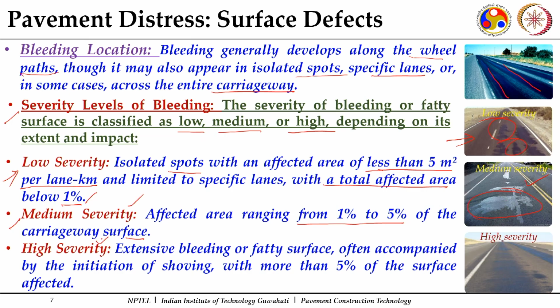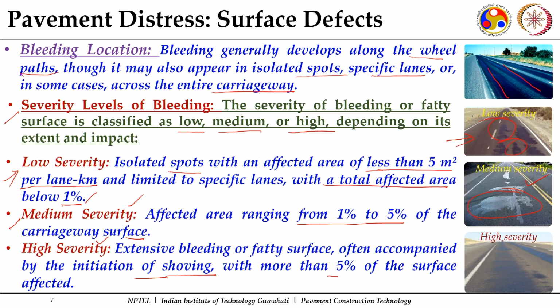And high severity, in this particular case, is extensive bleeding or fatty surface often accompanied by the initiation of shoving. We will discuss shoving later, where the movement, failure, shifting or sliding of the mix is happening. So, when this bleeding extends more than a certain extent, chances of initiation of other distresses also arise.